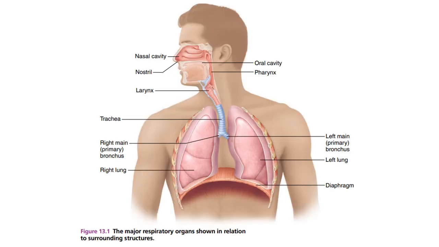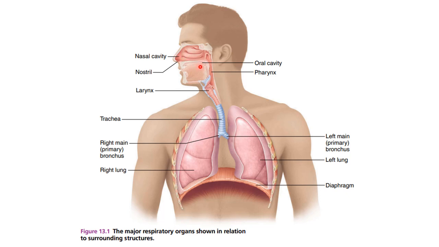So this picture shows you the major respiratory organs shown in relation to surrounding structures. Here would be the region of the nose, and you will appreciate that what you see from the outside would only be the nostril and the nose, and there is a larger cavity behind or posterior to the nostril, and this is your nasal cavity.